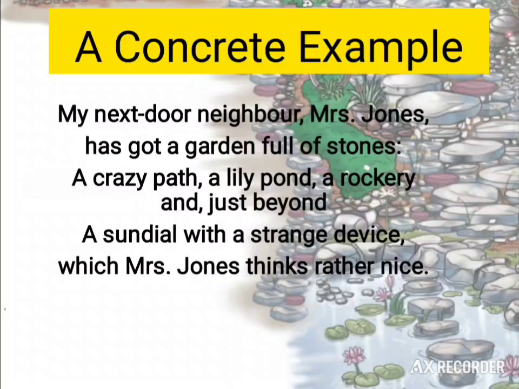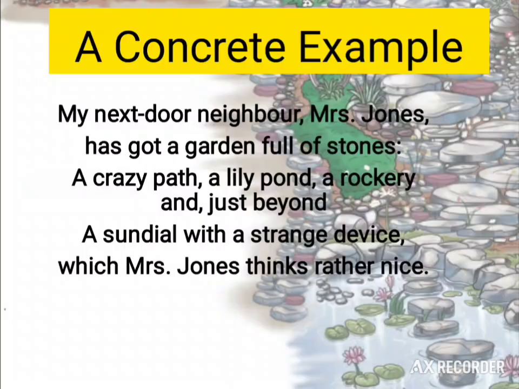It looks strange, which Mrs. Jones thinks rather nice. And Mrs. Jones thinks that the device is actually nice. The poet considers the sundial a strange device, but Mrs. Jones, the owner of the garden, thinks that the device is actually a nice one. So here we understand that different people have different perceptions of looking at things.